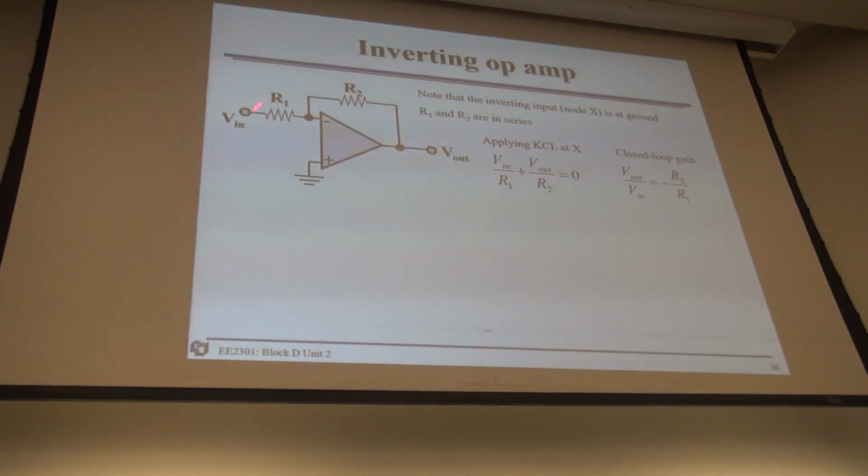This is almost 0, okay? So V in minus 0 divided by this, and V out minus 0 divided by this. These two add together to be 0, because this one is 0.